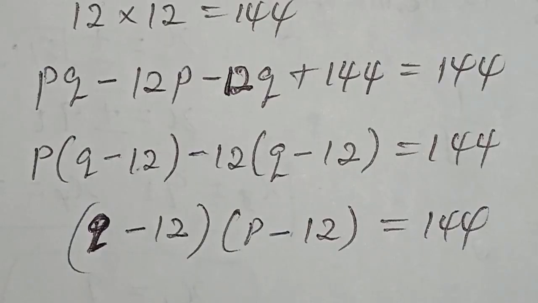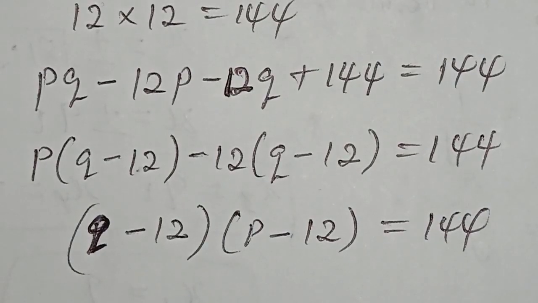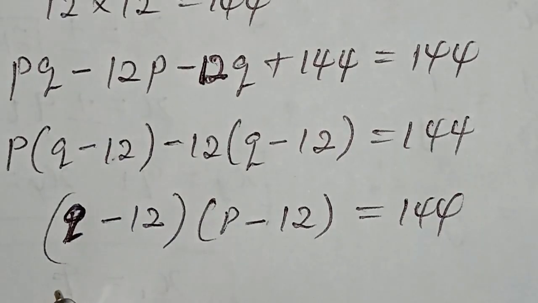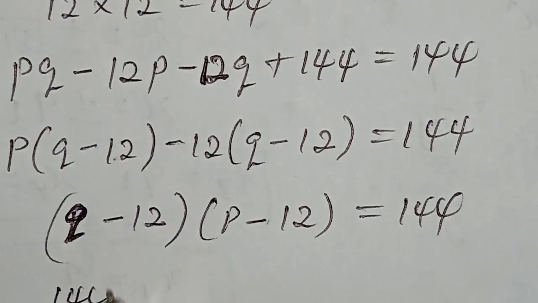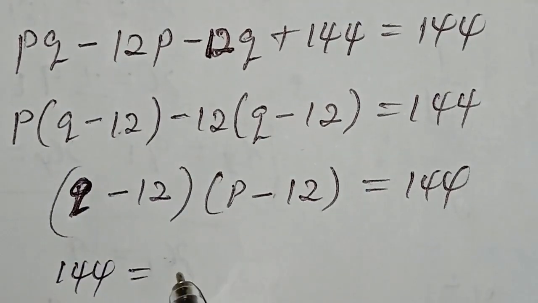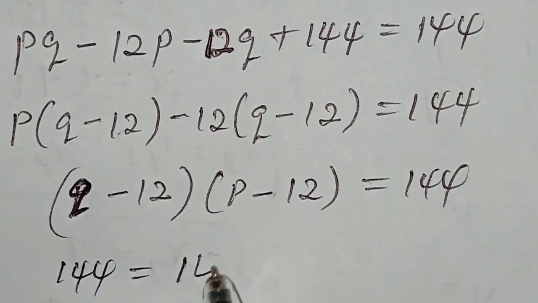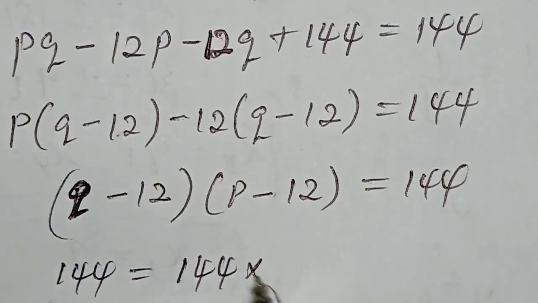So here we consider the product of 144. We have 144 as equal to 144 multiplied by 1.